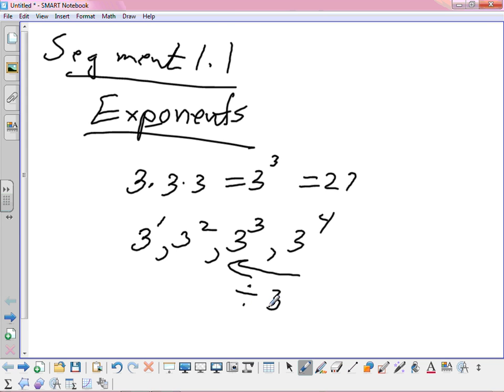Well, instead of multiplying, you divide. So if I take this last one and divide by 3, where do I end up? So 1. And so in that case, that would be 1 less factor, so that would be 0.